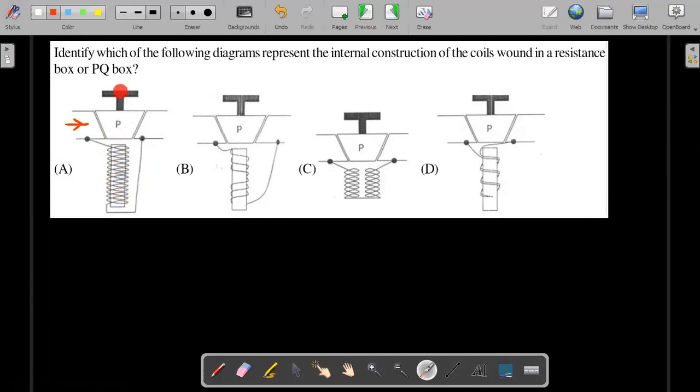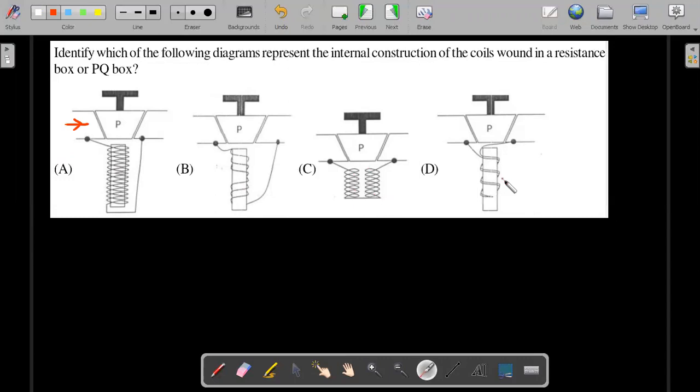That's why we say when the pin is closed, it's a short circuit. Current will just go straight. Now when the pin is lifted off, current has to pass through this entire wire and come out in this manner. So how should the shape of the coil inside, in the four options that he has shown, be connected in order to be a part of the post office box?